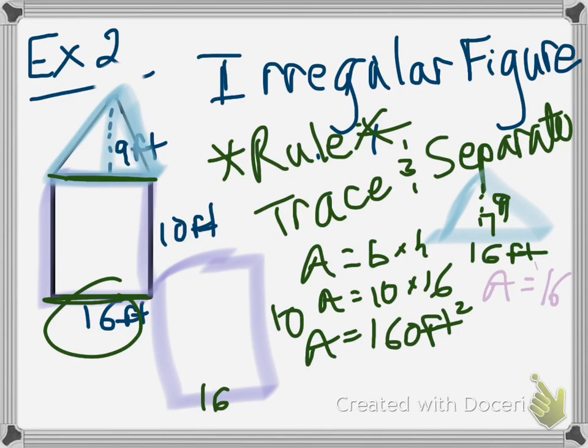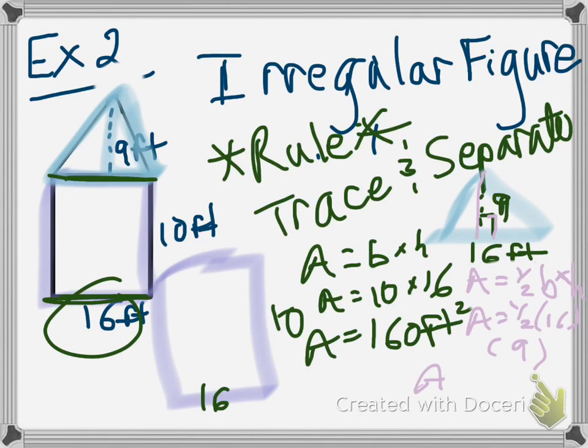So I can say area equals, sorry, I'm messing up. I forgot to put my area formula. Area of a triangle equals 1/2 base times height. So the area equals 1/2 16 times 9. Your height is 9, right? That's where your right angle is.